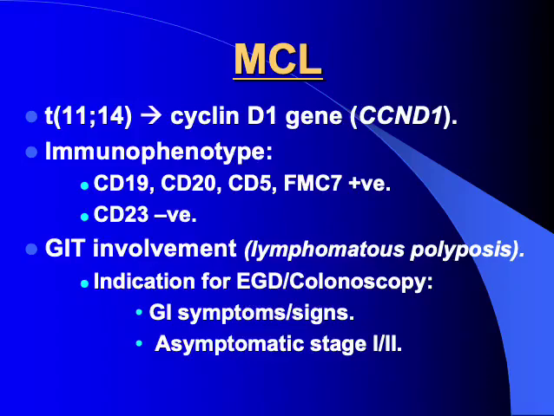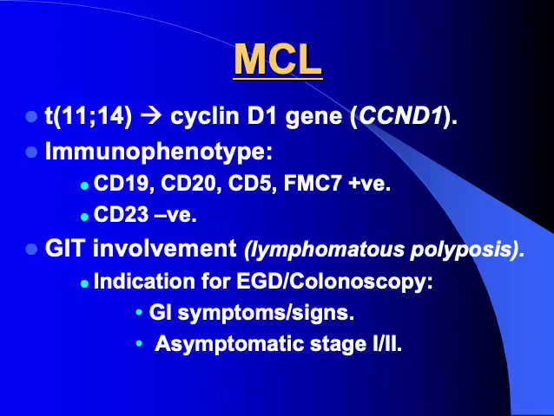It is also characterized by GI involvement, forming lymphomatous polyposis in the colon. So we recommend to do EGD and colonoscopy for GI symptoms or signs, or even for patients with stage 1 and 2. Why?